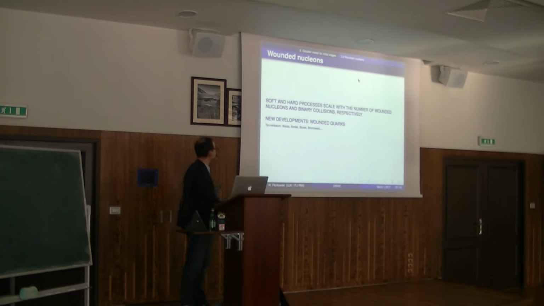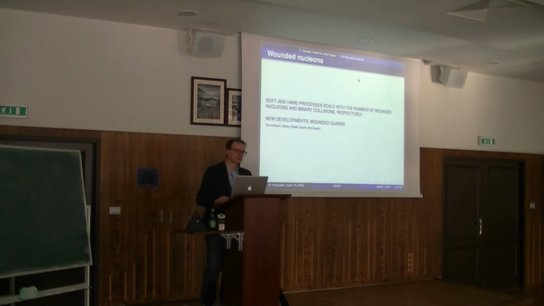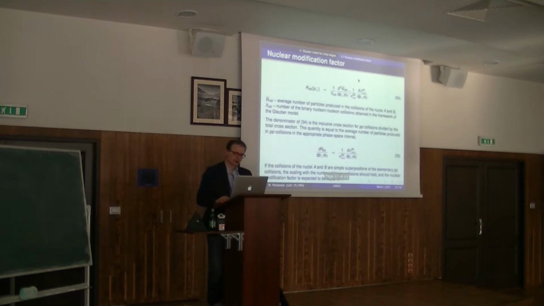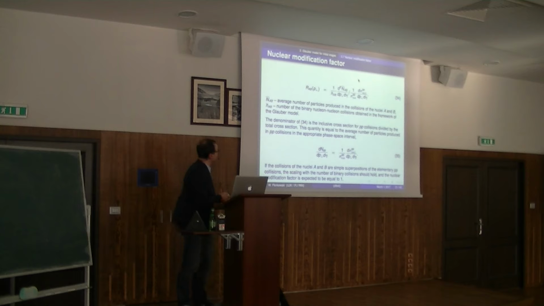There is a series of papers by Mike Tannenbaum, my friends, and from Krakow. So there is a lot of activity here. This also has something to do with the structure of the proton, that there might be some hotspots, so this is related to looking for structures even in the proton.